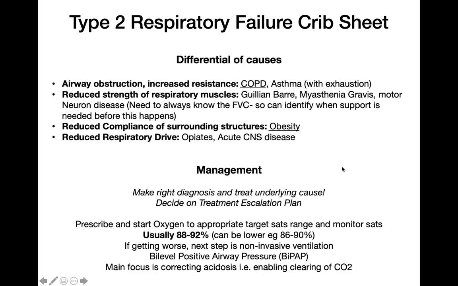And this is when we're thinking about our bi-level positive airway pressure, and I'll go into that in a second. So I think NIV is often a little bit confusing, but actually it all makes sense when we break it down, and it can be a useful thing to chuck in once you know it. And the main focus, really worrying, is if you're getting this acidosis and you want to be helping this clearing of CO2.